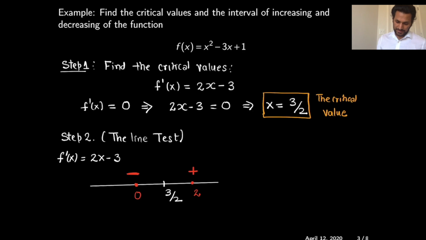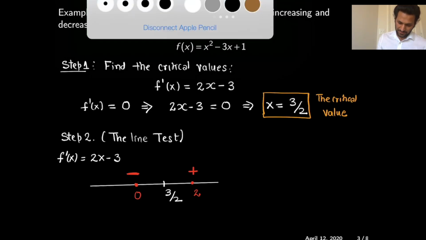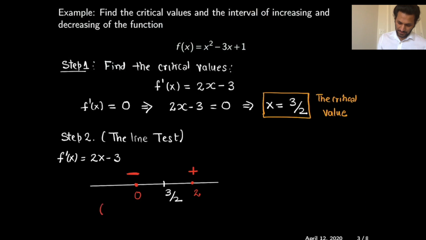So the line test tells us two things: from minus infinity to 3/2, the derivative f prime of the function is strictly negative, and from 3/2 to positive infinity, the derivative of the function is strictly positive.